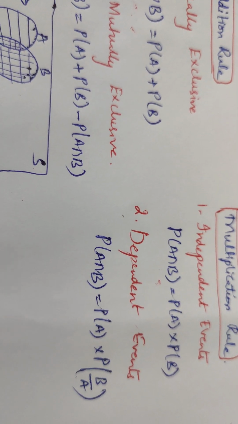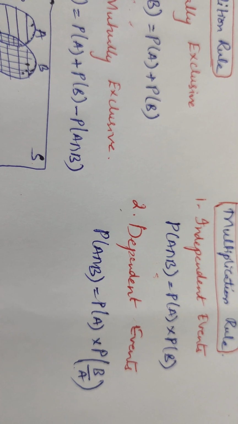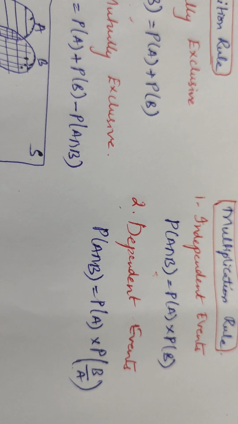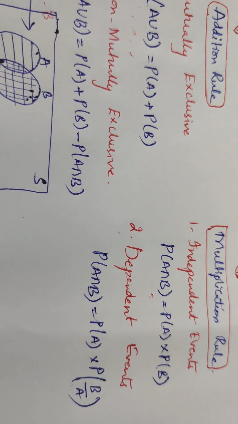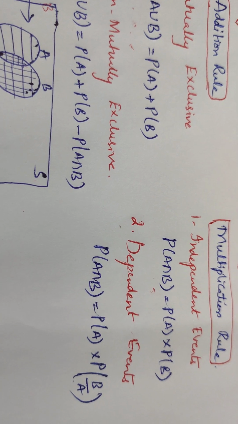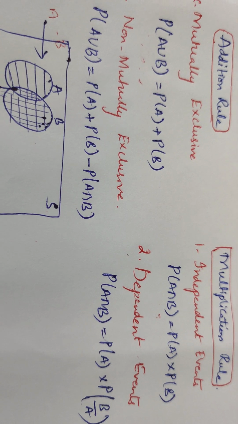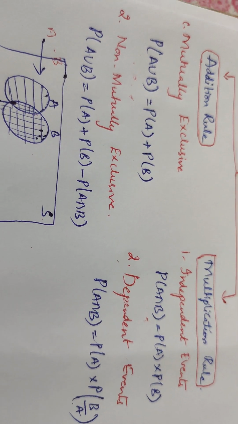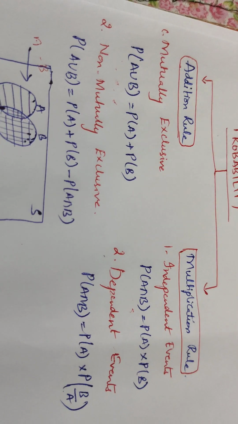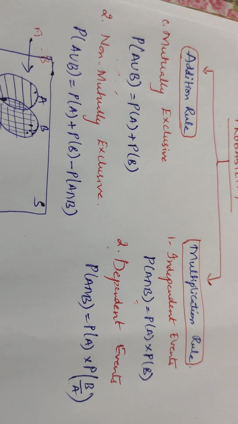The individual probabilities and their product together form the dependent event, such that A is dependent on B and B is dependent on A. So these are your rules in probability for addition and multiplication.